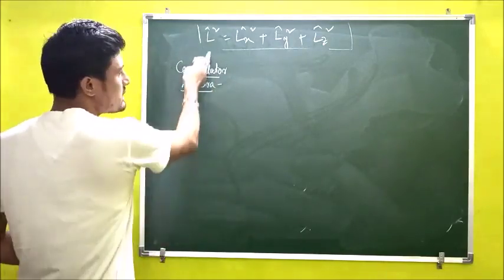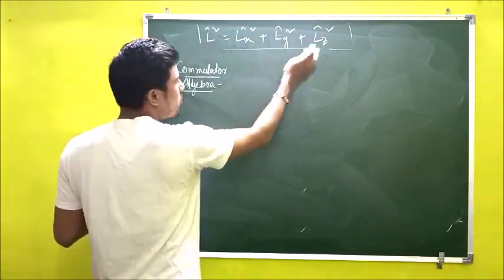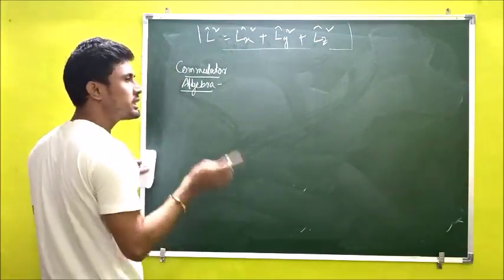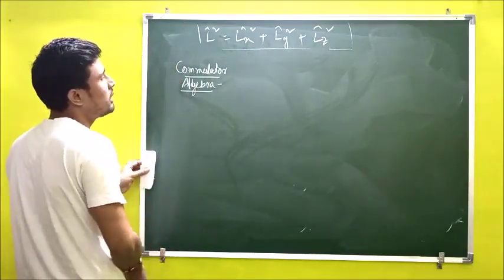The commutator of L square and any component of the angular momentum is zero. That is, L square and any of the components commute with each other.